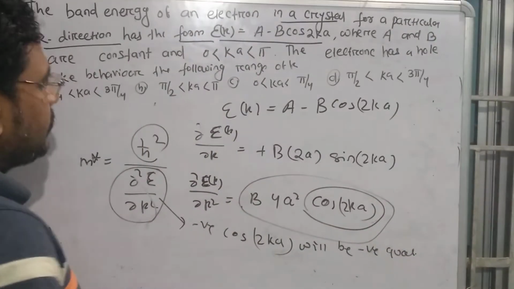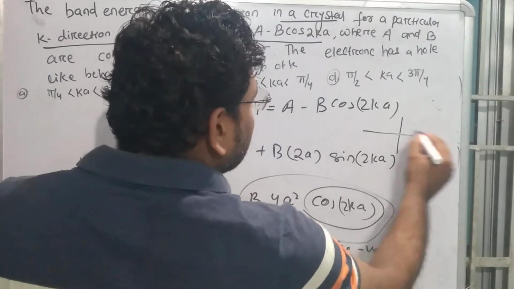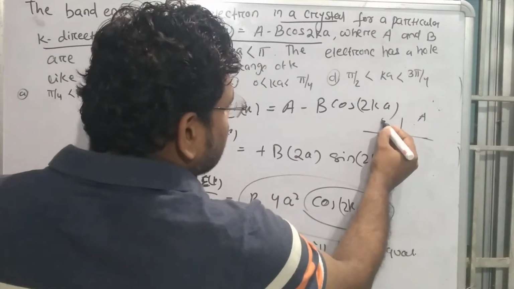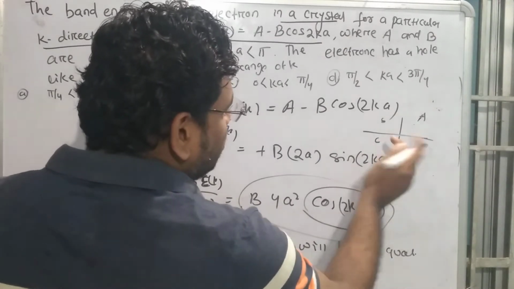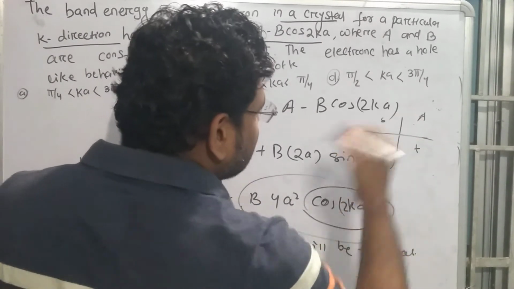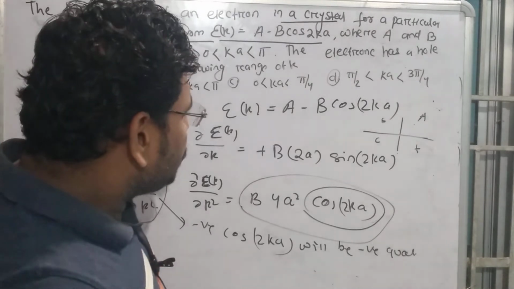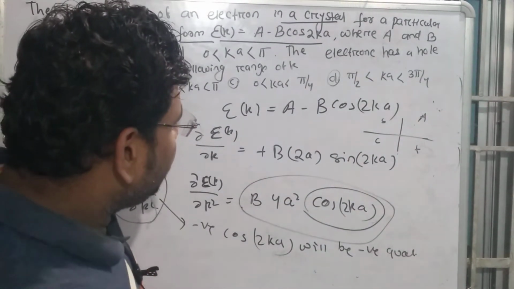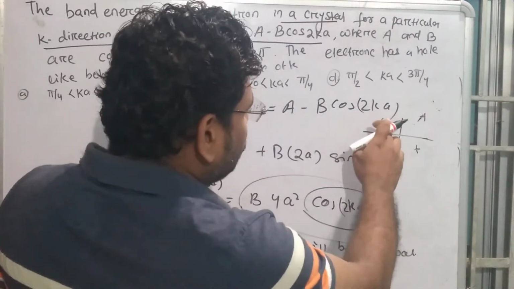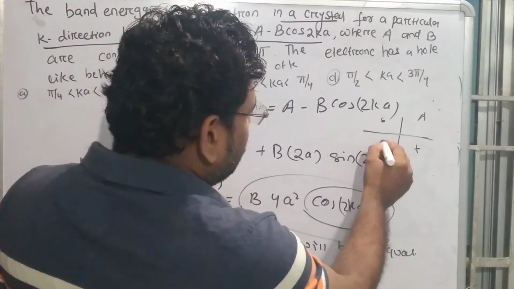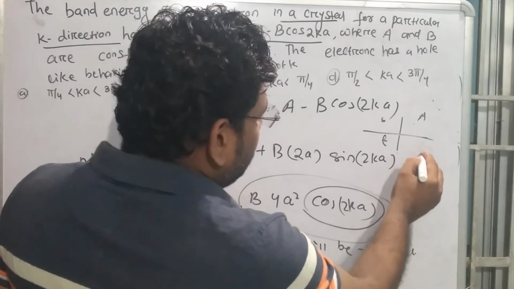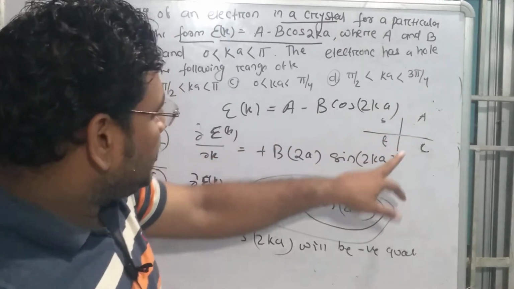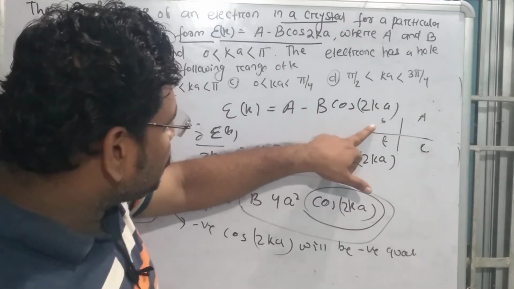We know from trigonometry that in the first quadrant all are positive, in the second quadrant sine is positive, in the third quadrant tan is positive, and in the fourth quadrant cos is positive. So cos is negative in the second and third quadrants.